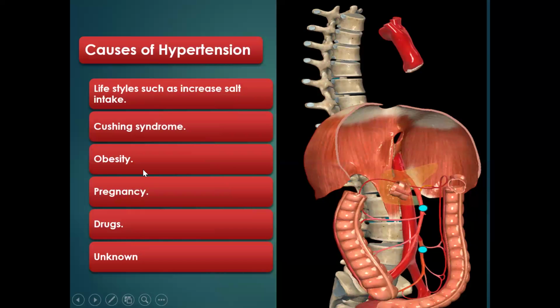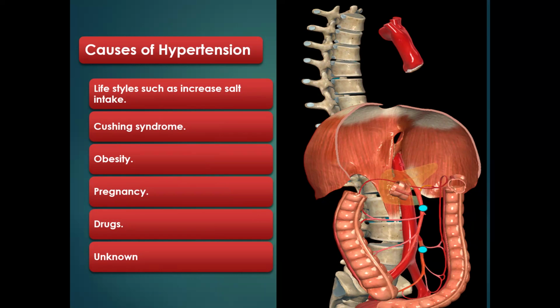Causes of hypertension. Some of the attributable causes include lifestyle, such as increase in salt intake, Cushing syndrome, obesity, pregnancy. Pregnancy leads to hypertension known as pregnancy-induced hypertension, as we all know, preeclampsia and eclampsia.